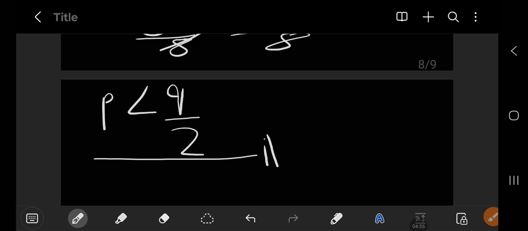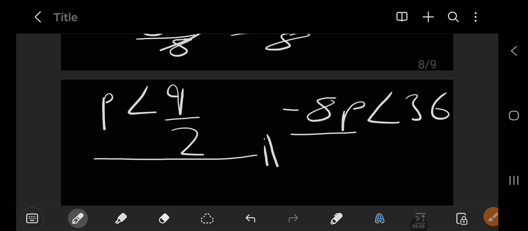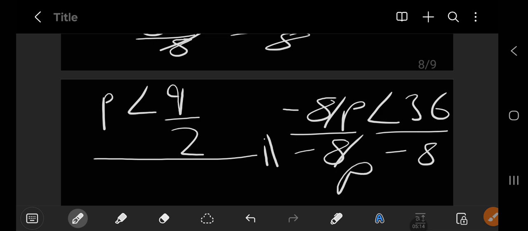I also wanted to share that if you're dividing by a negative, for example if we had negative 8p less than 36, then we divide both sides by a negative. When we divide by a negative, the inequality sign will always change.